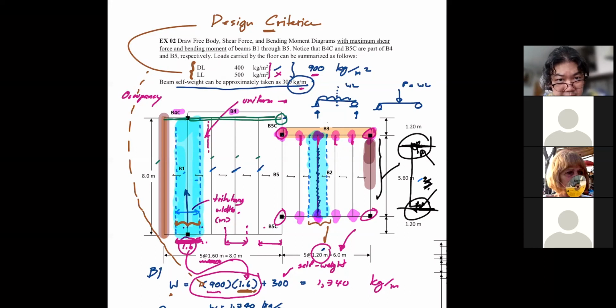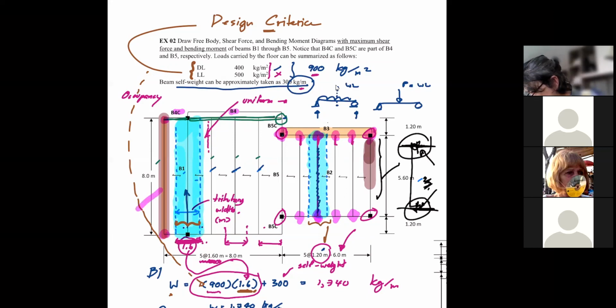The support of this beam would be this B4, right? The beam on this edge, the brown one, cannot survive by itself. So in turn, you need to find two supports for this beam.